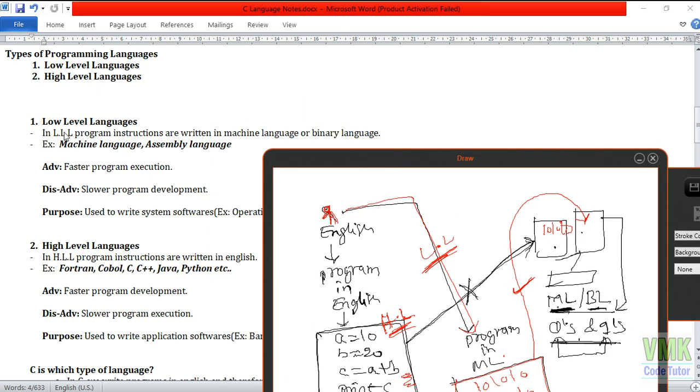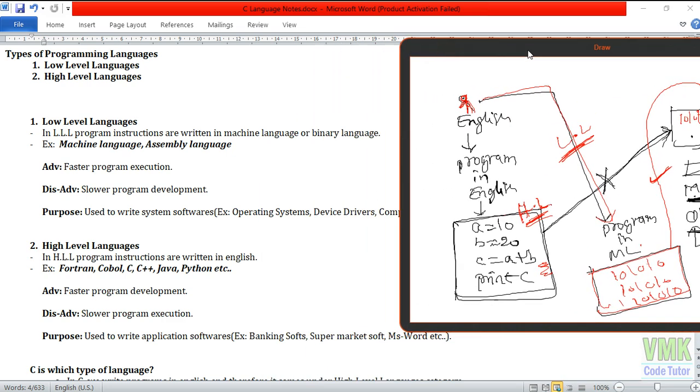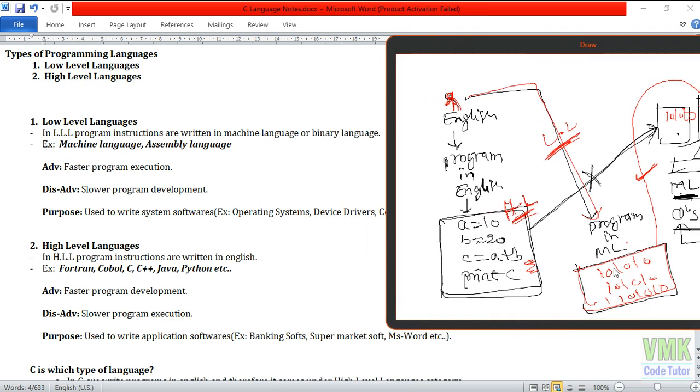In low level languages, program instructions are written in machine language or binary language. If you write the program in zeros and ones, then such programming comes under low level languages. Examples of low level languages are machine language and assembly language.